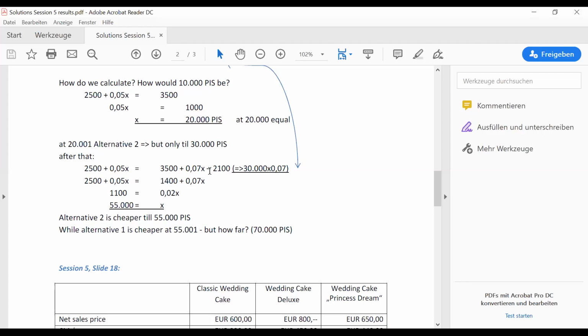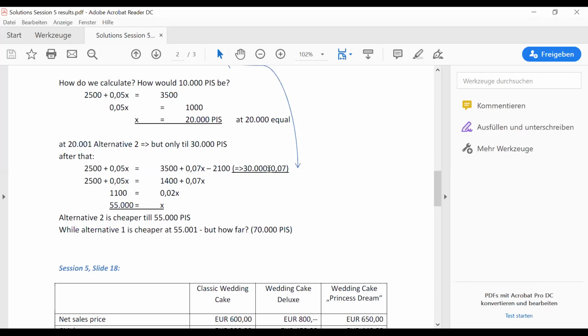So minus 2,100, and the 2,100 are constituted by calculating the 30,000 patient information sheets times the 7 cents, which means we know those costs thereafter, after this flat charge, they cost 7 cents, and they must be more than 30,000.